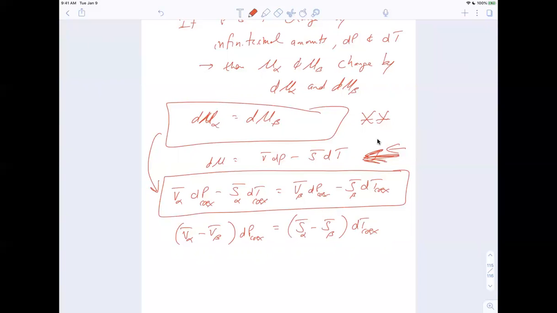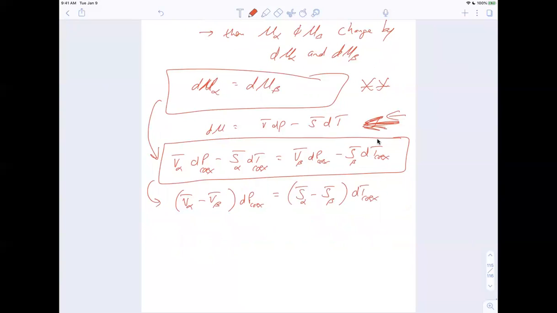That's just a simple rearrangement. And then all we do is collect dP dT. We can divide through by a few factors to get dP dT on one side. So we get dP dT at coexistence is equal to S bar alpha minus S bar beta divided by V bar alpha minus V bar beta.